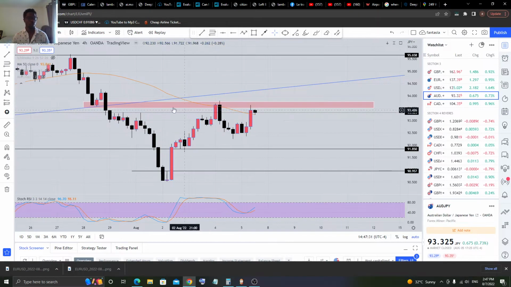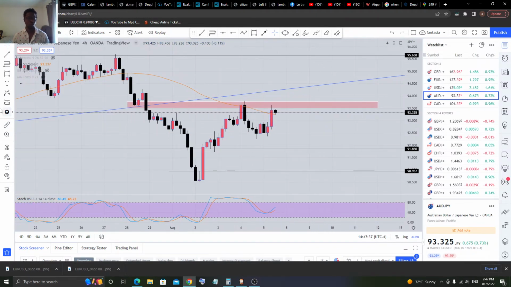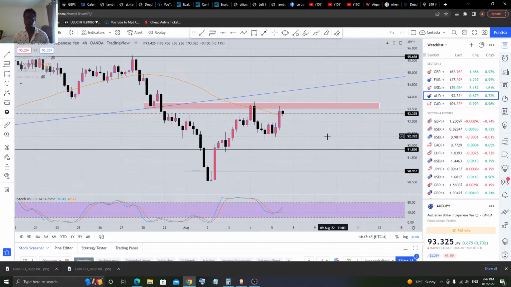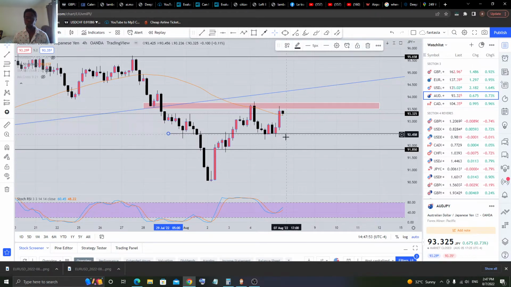So what you can do, I don't know what kind of trader you are. I'm a swing trader, maybe you're not a swing trader, so you can just cap a few pips from here to here and then get out. But one thing is, as a trader, you have to keep your mind open. You have to give yourself room anytime you're trading.